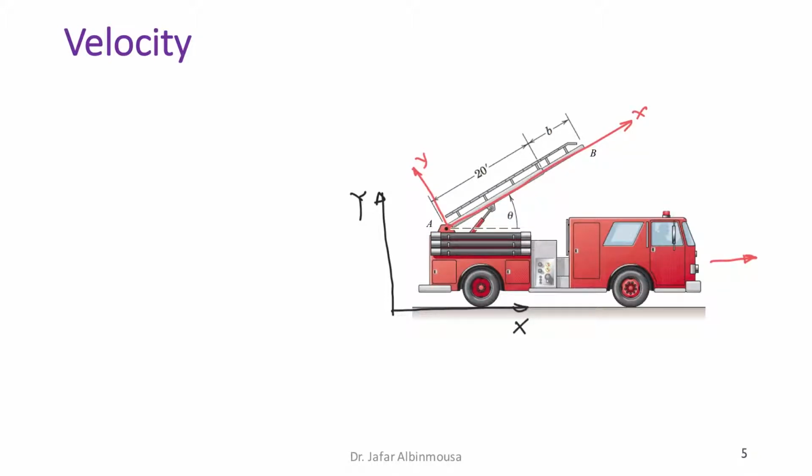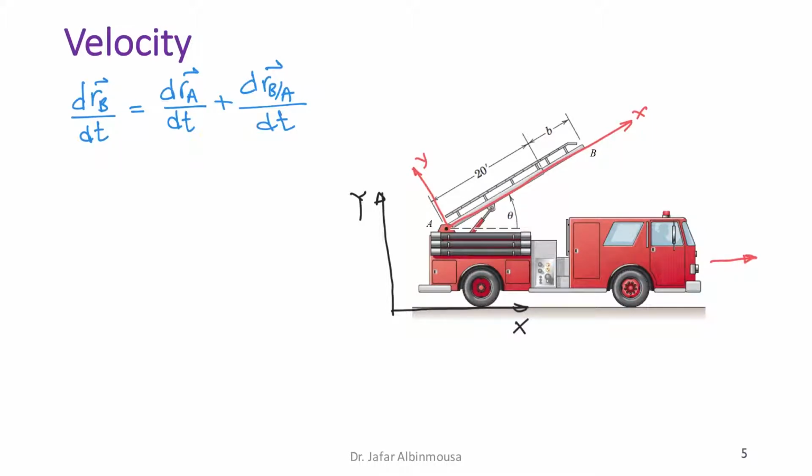If we want to write down the velocity equation, then we should start with the rate of change in position. So we will have dr_B over dt is equal to dr_A over dt plus dr_B/A divided by dt.